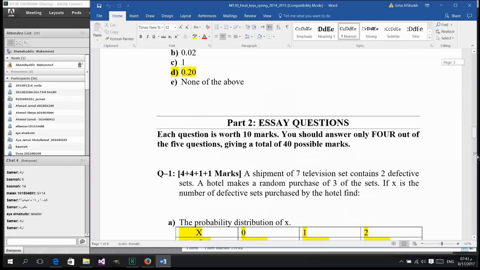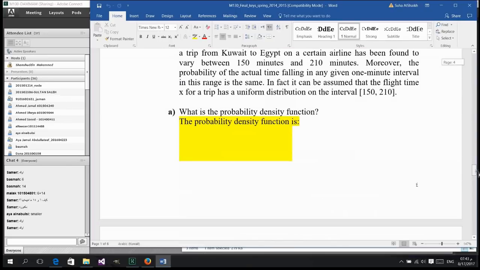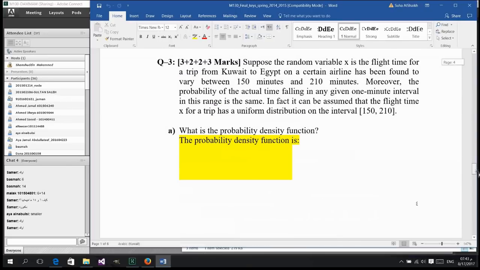Now question number 3. Suppose that random variable x, the flight time for a trip from Kuwait to Egypt on a certain airline, has been found to vary between 150 minutes and 210 minutes. Moreover, the probability that the actual time falls in any given 1 minute interval in this range is the same.